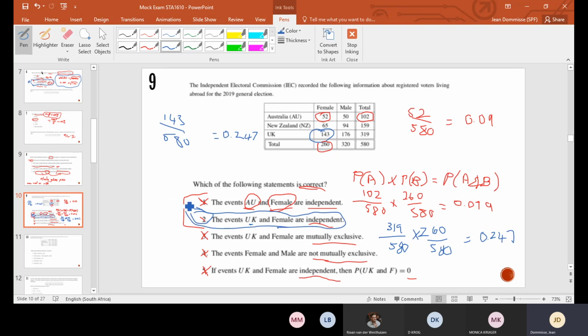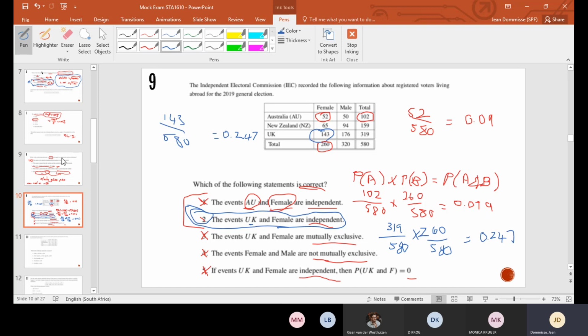Okay, so when we originally started with this, I never thought that we actually needed to work out anything. I thought we could just eliminate by knowing what is mutually exclusive and what is independent. But actually you needed to work out two formulas and decide which one is correct. So this was not a tricky one, but you needed to make some calculations.